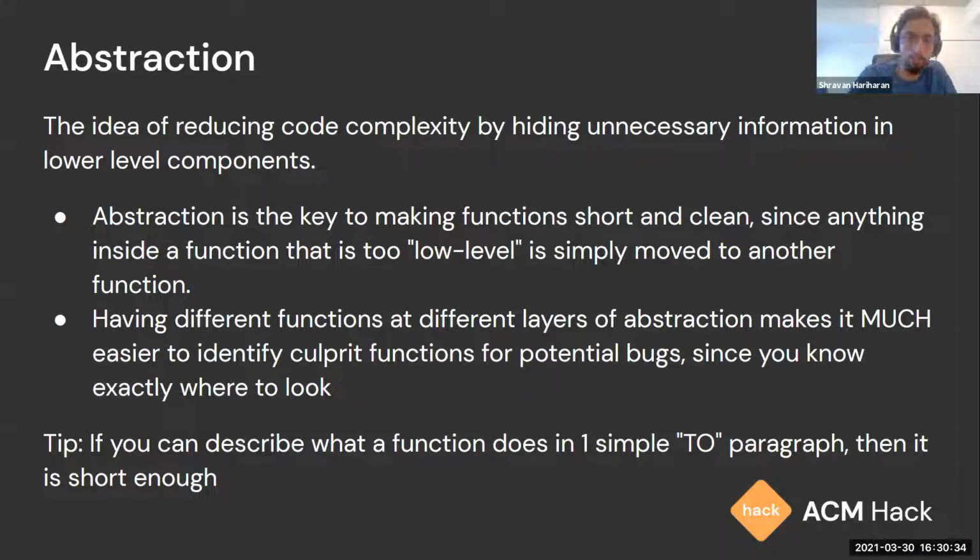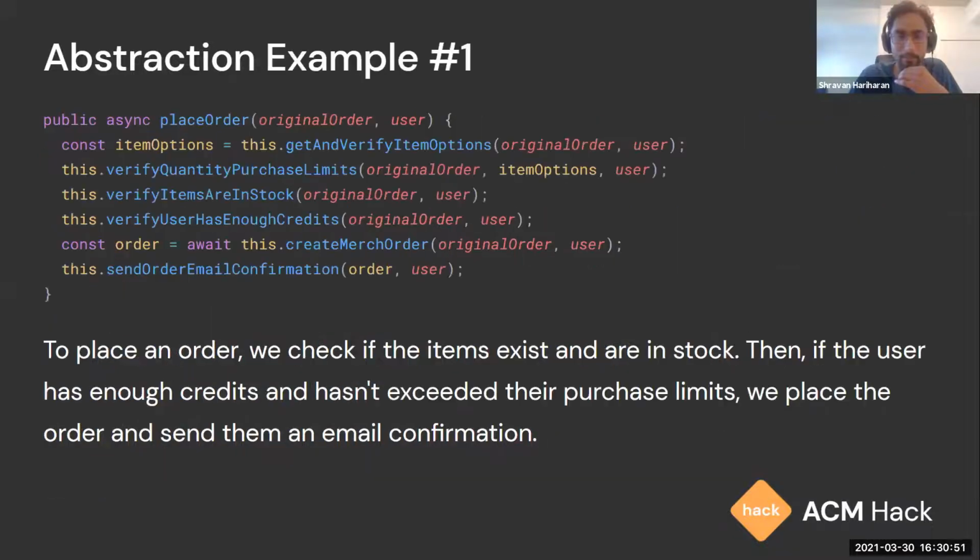In the merch store example, let's say my email doesn't send. I know exactly where to look, I check the email confirmation function. One tip that Robert Martin gives in his book is that if you can describe what a function does in one simple paragraph, then it is short enough. Okay, let's dive into an example.